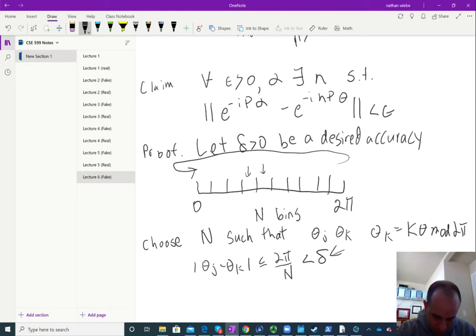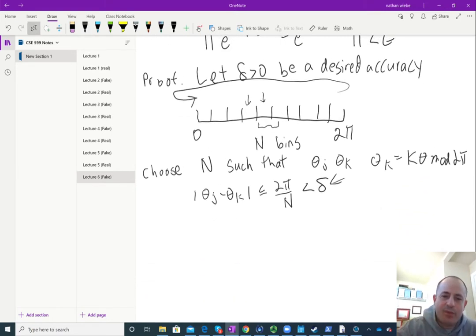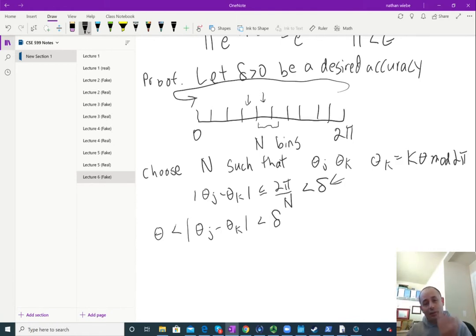Okay, so now if we end up choosing this, then delta is bigger than one of these individual bins. And so what this ends up saying is that the absolute value of theta_j minus theta_k is less than delta, but it's also lower bounded, because every single time we take a step, we move by at least theta.